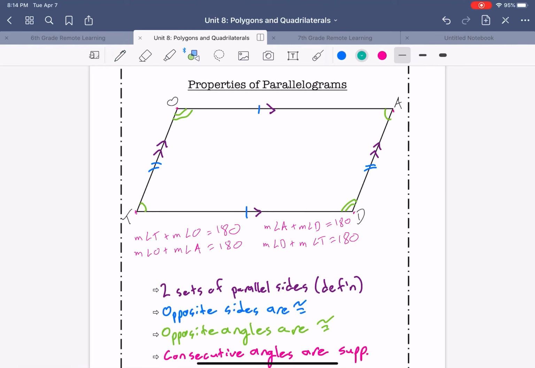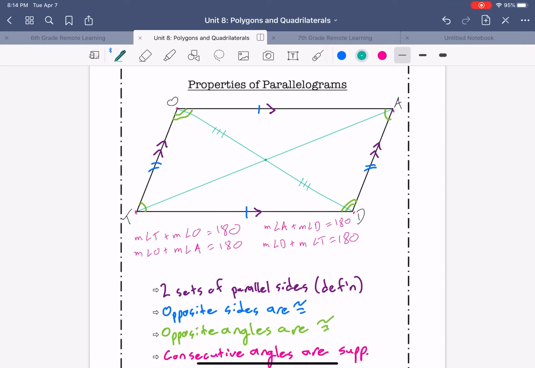So if I draw that line, and if I draw this line, then I know that these two pieces are congruent because this right here is our bisecting point.